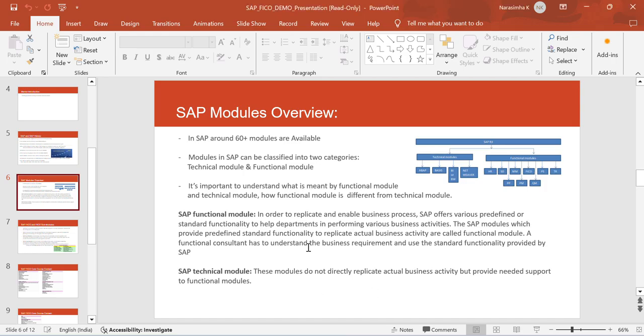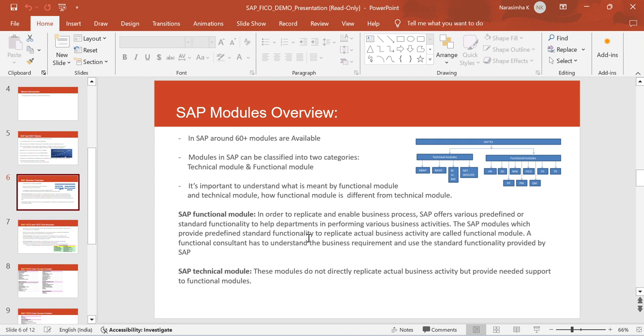In order to replicate or enable the business process, SAP offers various predefined standard functionality to help the departments perform various business activities. That means SAP has already given the standard functionality.